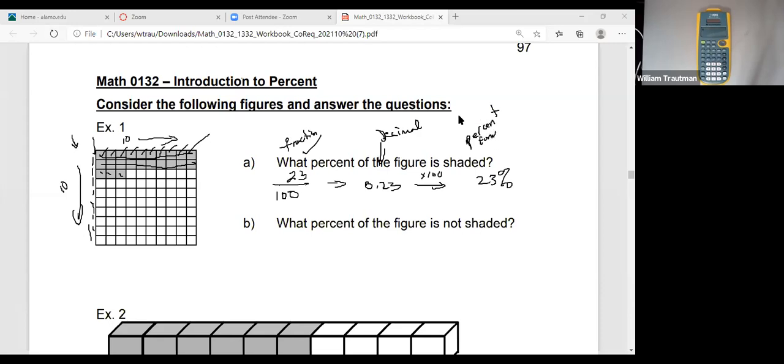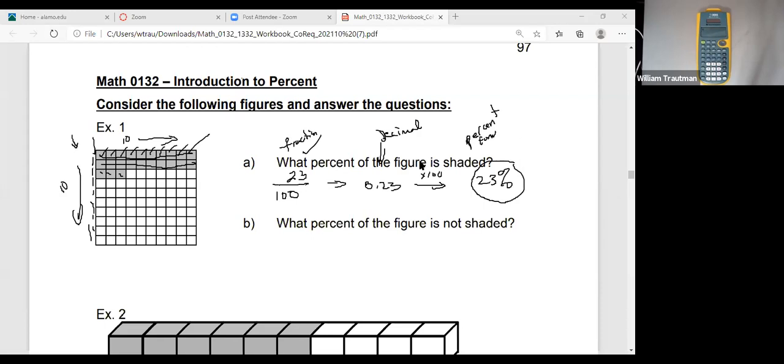So all of these are the correct answer. What percent is shaded? 23 out of 100, 0.23 in decimal equivalent, and then 23%. So if they said percent, I would write down the percent answer. But 23 over 100 is equivalent to 0.23, which is equivalent to 23%. So what percent of the figure is not shaded?